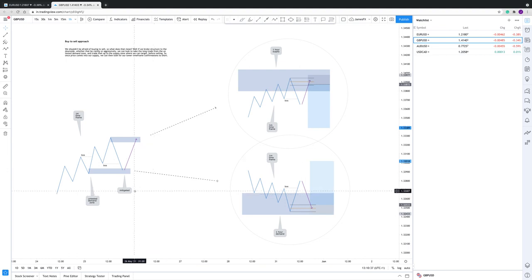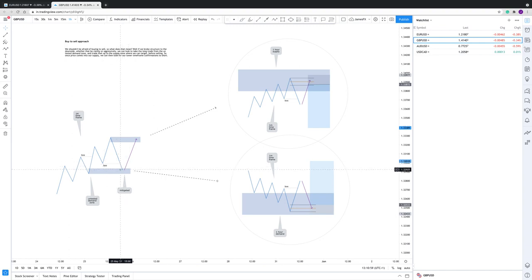Now, the reason why this is also higher probability is because once price comes into this level, we're essentially mitigating this move, taking liquidity from anyone who's in buys or even trading some form of breakout on this structure break, whatever the case may be.